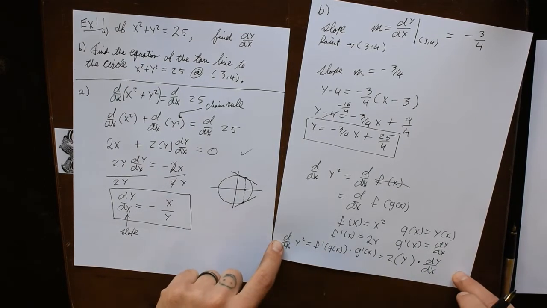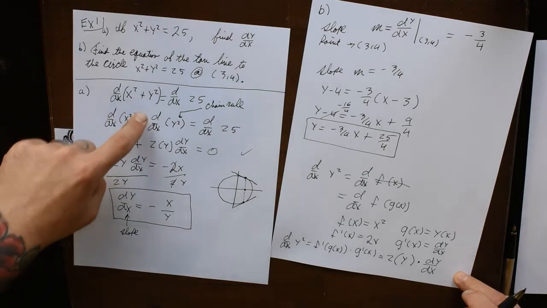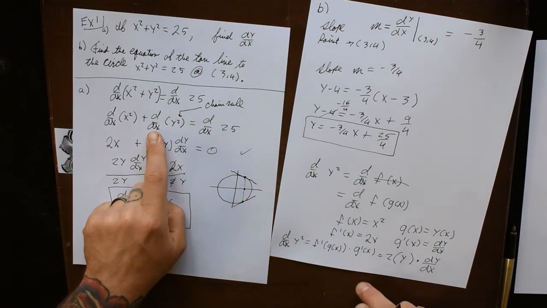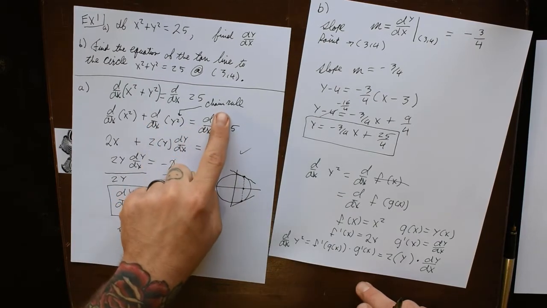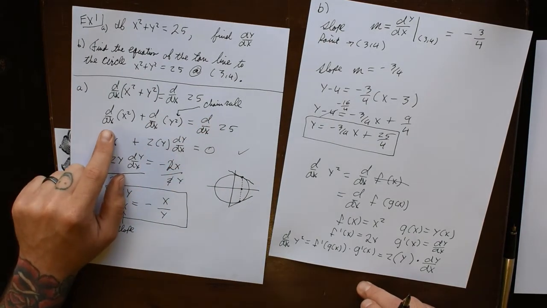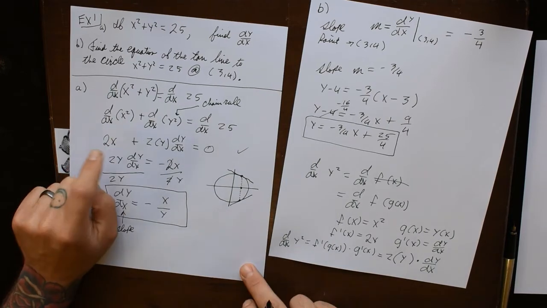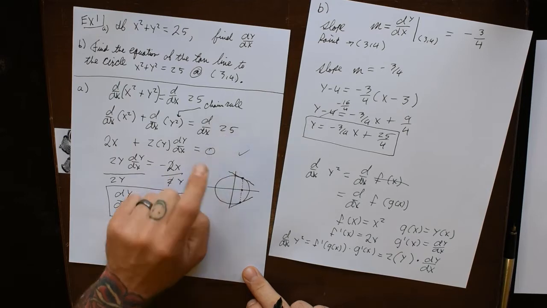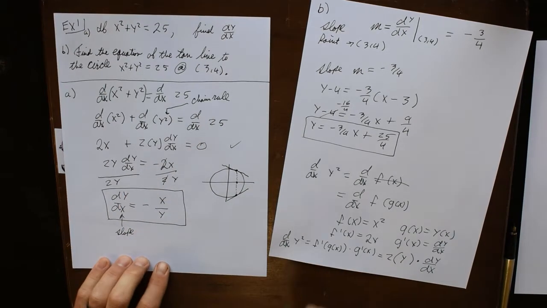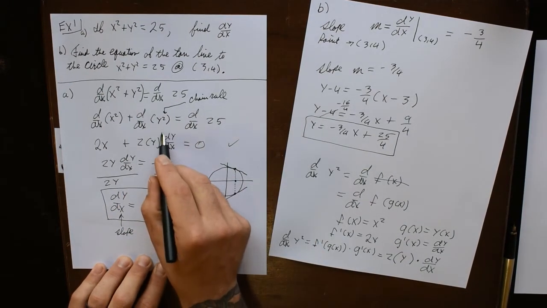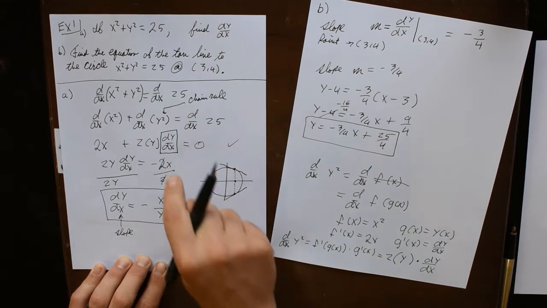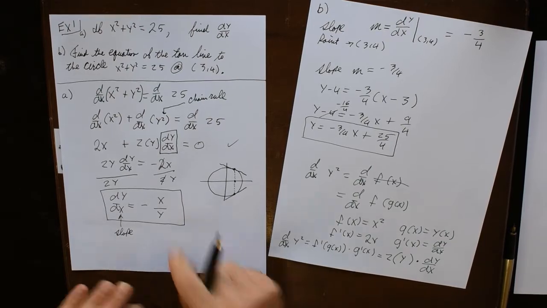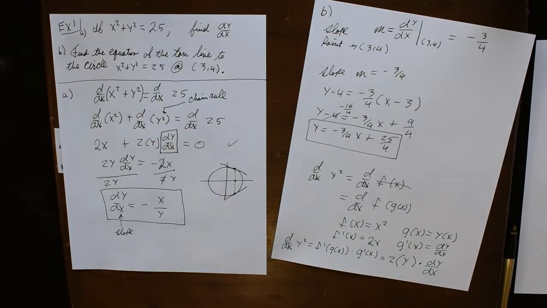So this step kind of goes in between that step and that step. Whenever we take the derivative with regards to x of y's, use the chain rule. Whenever we take the derivative with regards to x of x, take a normal derivative. The derivative with regards to x of any constant is equal to 0. After this point, it turns into an algebraic exercise, and you're left with solving for dy dx. Once you get here, what we've done should take over.